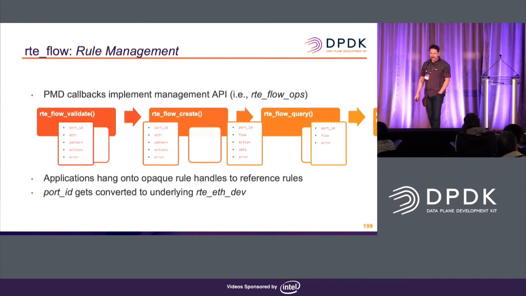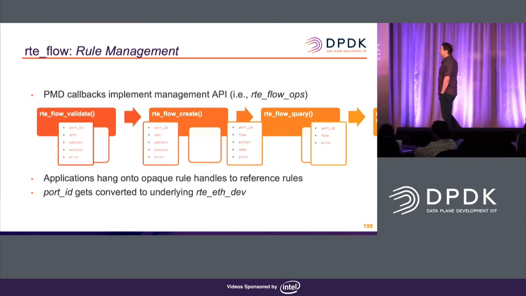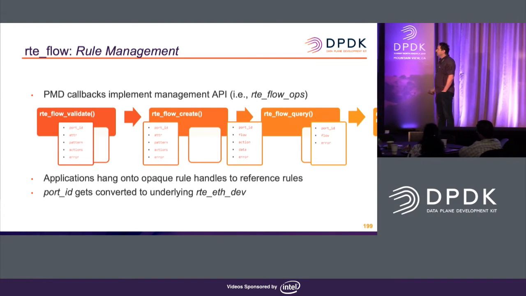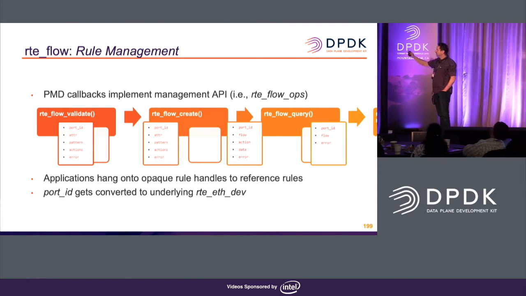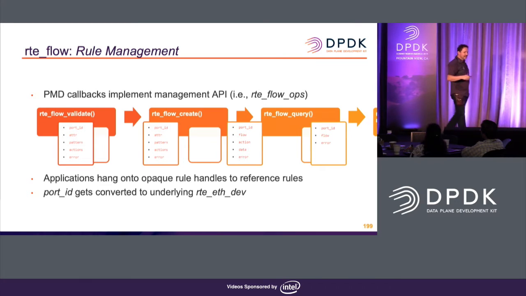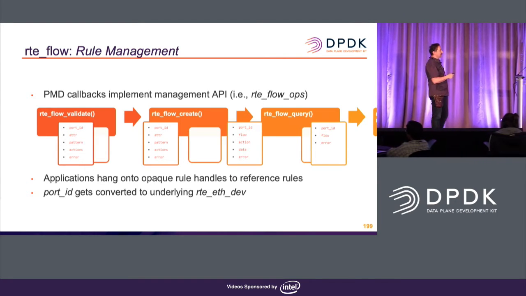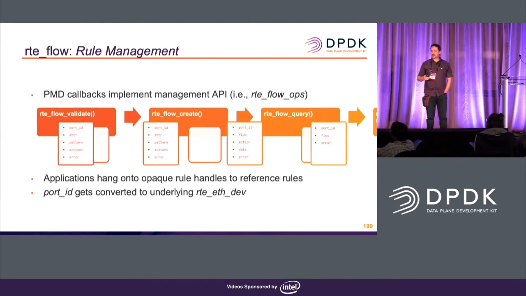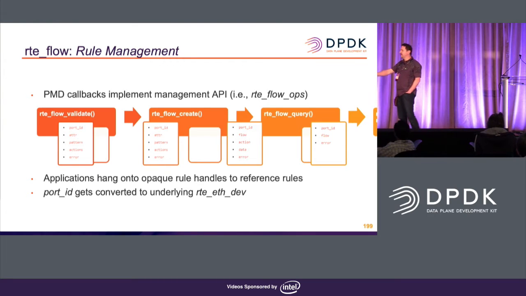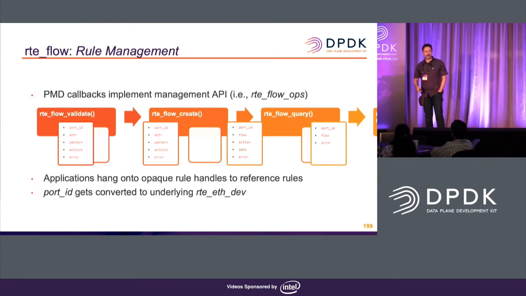So the API calls for management are quite simple. I'll also talk about the ones that do not show up on the screen. The first one is about validation of the rule. Unfortunately, you cannot come in and query a device from the get-go, saying, tell me what things you support and I'll craft my rules according to that.